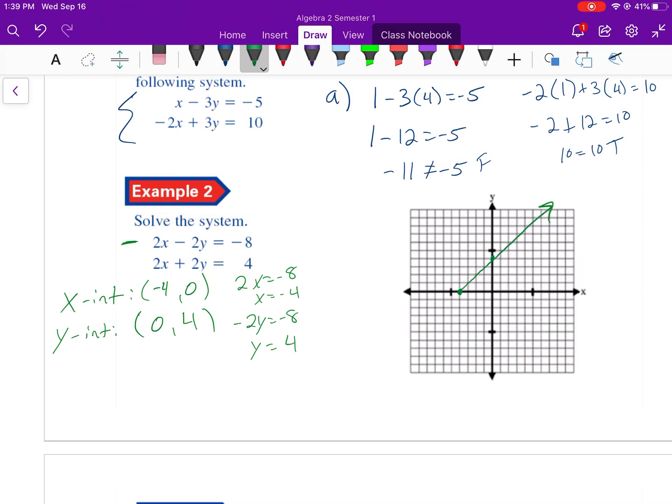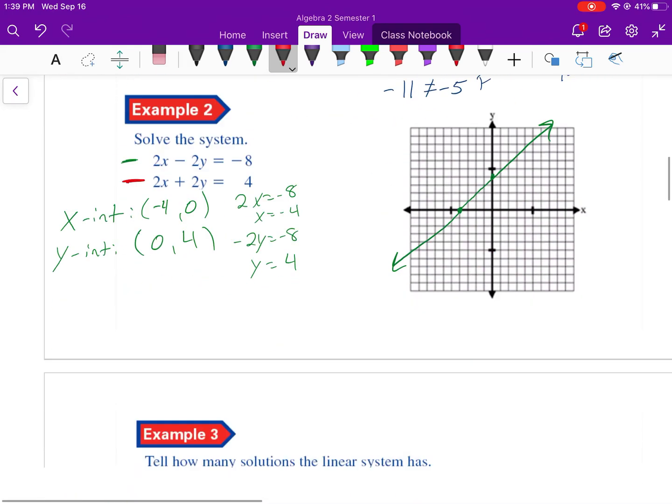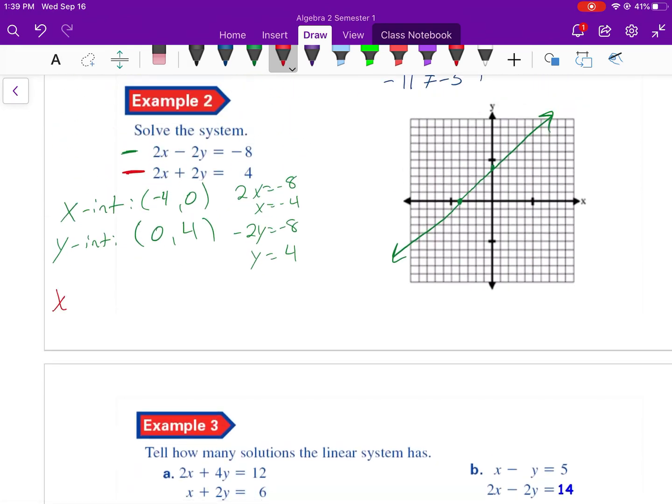What's important here is that we draw our lines as carefully as we can, because we're finding that intersecting point, so we want to make sure we get the correct intersecting point. For this one, x and y intercept again. We end up getting 2x equals 4, x equals 2, so we get an x-intercept of (2, 0).